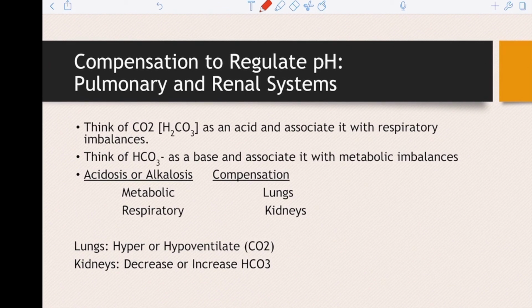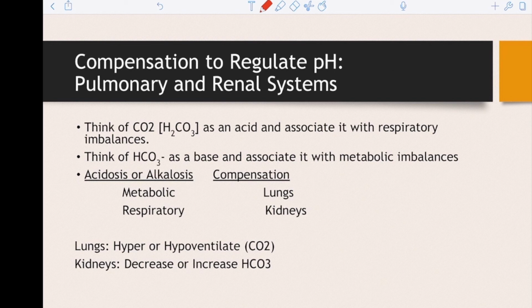Okay, so I've said this before, but something that you should be putting together by now is that you can think of CO2 as an acid, and you can associate it with respiratory imbalances because you're breathing out CO2. Similarly, you should be thinking of HCO3 or bicarbonate as a base, and this is something that you're going to want to associate with metabolic imbalances.